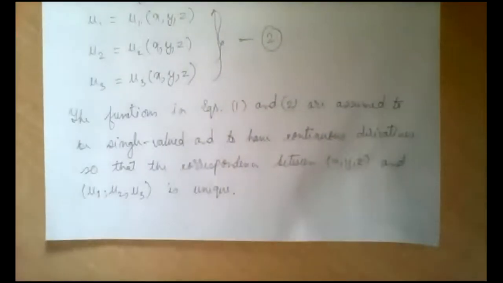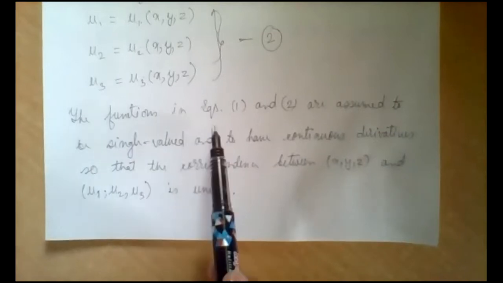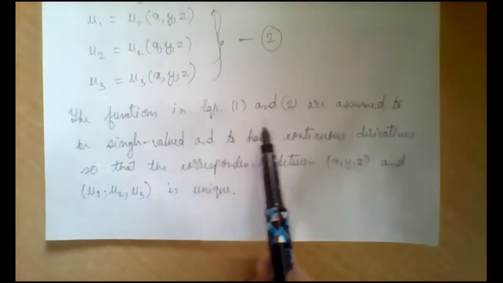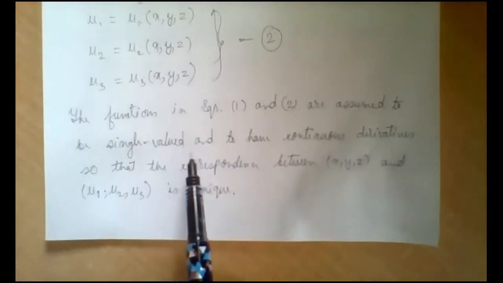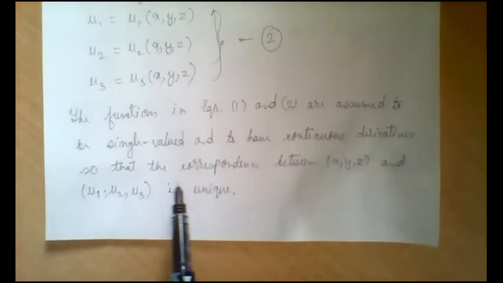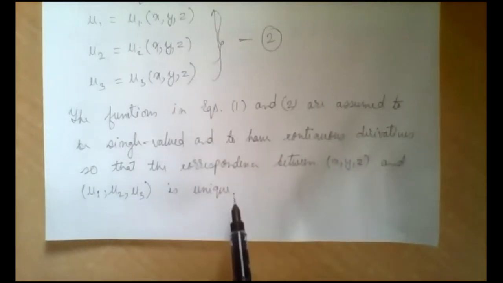Let me bring this again. The functions in equations 1 and 2 are assumed to be single valued and to have continuous derivatives, so that the correspondence between them is unique.